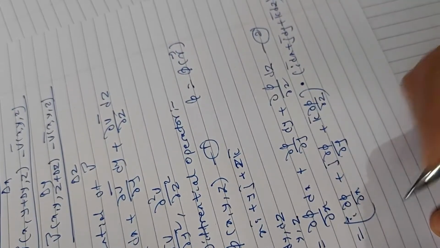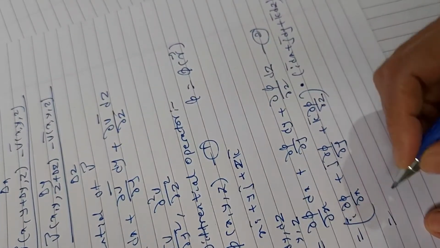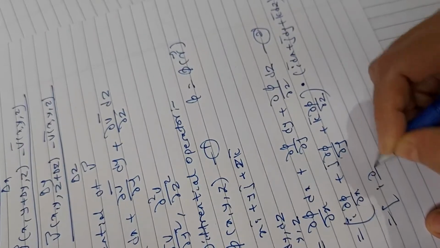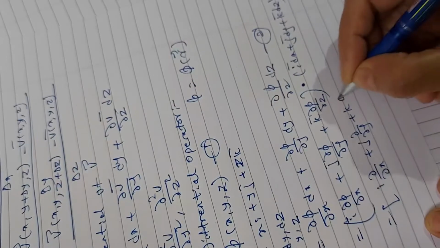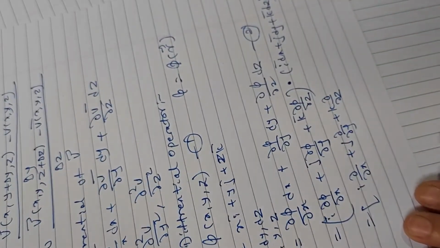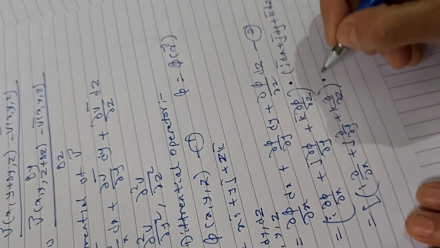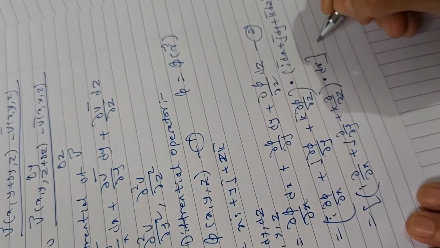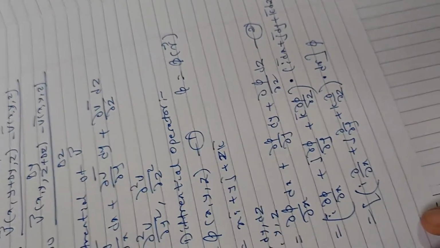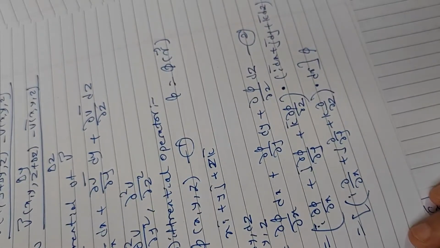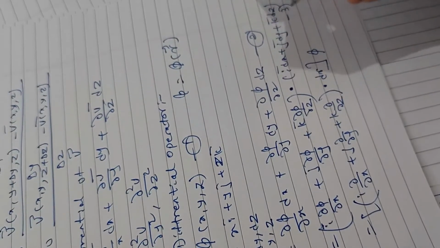So this I can write as i del by del x plus j del by del y plus k del by del z in one bracket, dot dr, outside the bracket phi. This I'll call equation number 3.